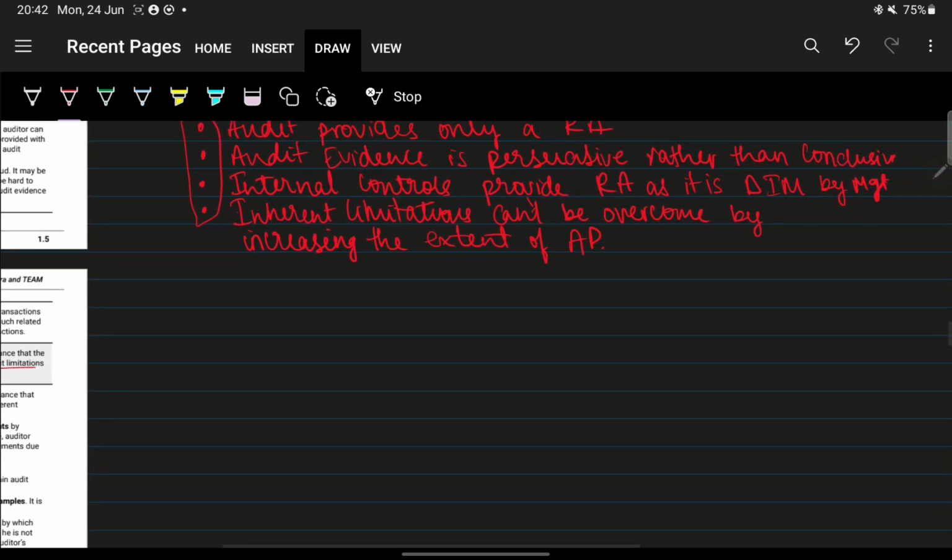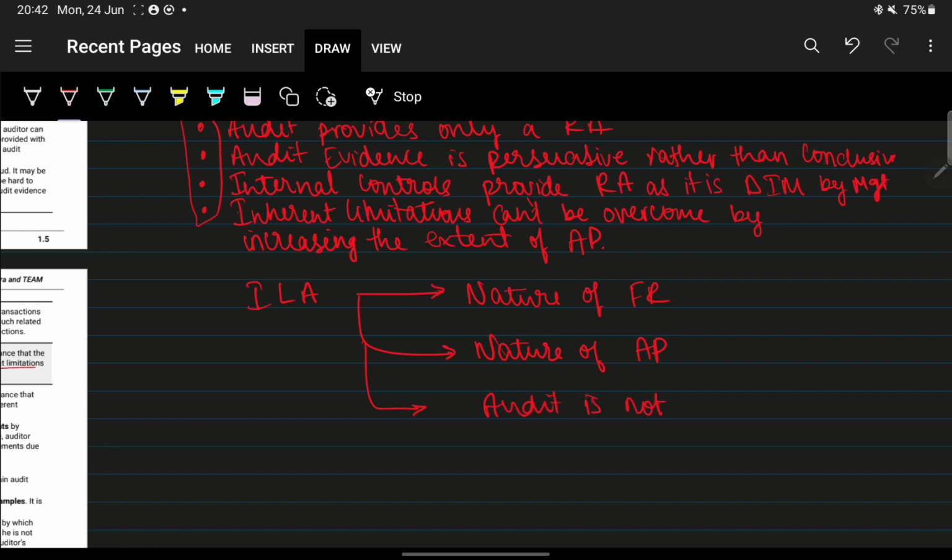And what are the 5 inherent limitations of audit? Firstly, it is the nature of financial reporting. Next, it is the nature of audit procedures. Next, audit is not an investigation.